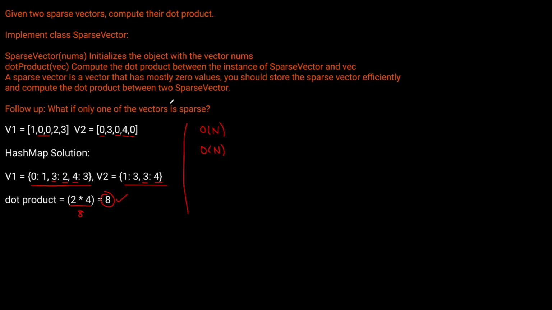Since you're potentially doing a lot of insertions whenever you build the hash map, and then a lot of lookups when you're iterating through the hash map and looking up the key in the second vector, if your hash function sucks, then a lot of the computation time for this problem is going to be spent just doing the hashing function. So this isn't the best solution because you cannot assume that you have a good hash function.